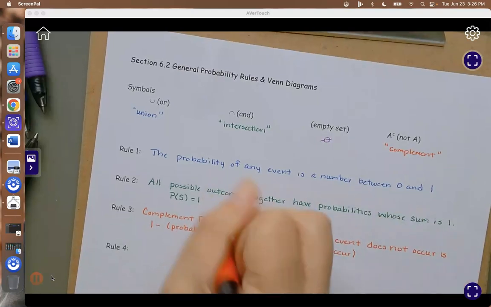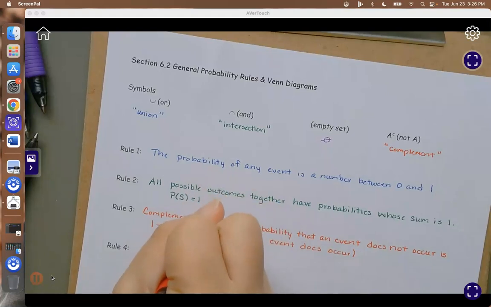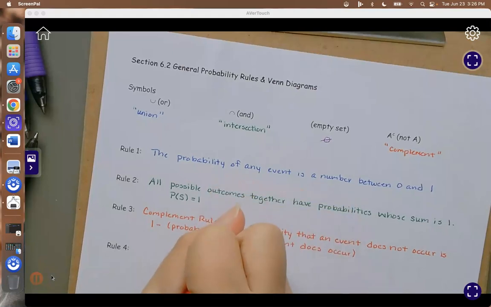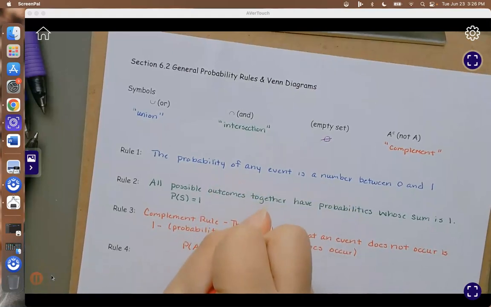Or if you want it in symbol form, the probability of not A equals 1 minus the probability of A.